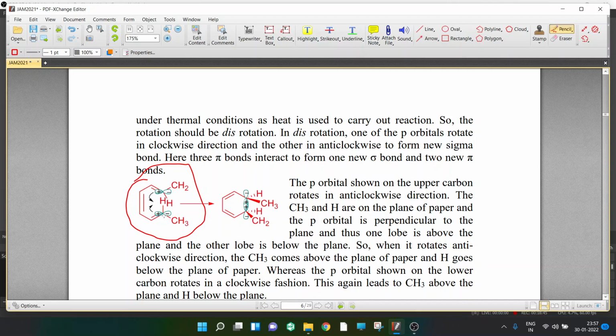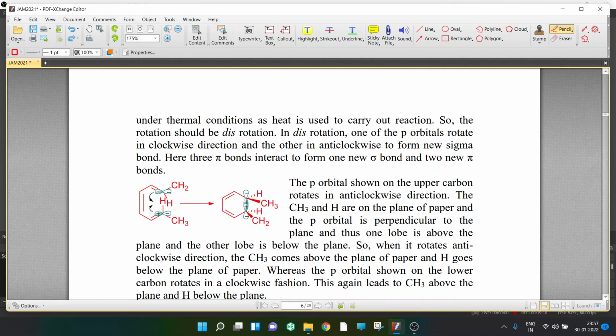So now it says disrotation. That means see this, I am rotating this one in this direction. So this is clockwise. Clock moves like this. And so this one has to move anti-clockwise. You understand this lobe, which has the positive sign which I have shown, these both are coming outside the screen. It is coming exactly in front of you, perpendicular to this board, this screen.